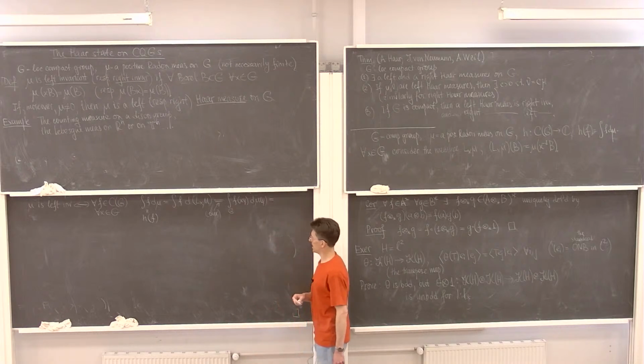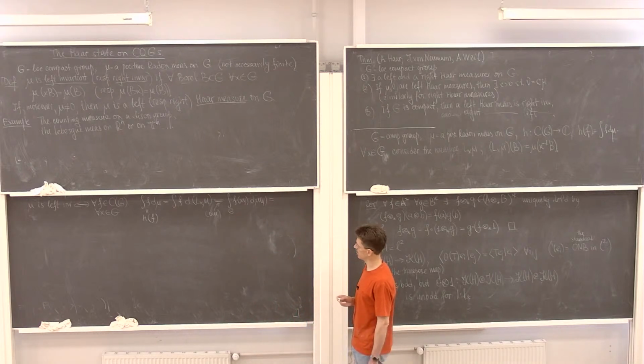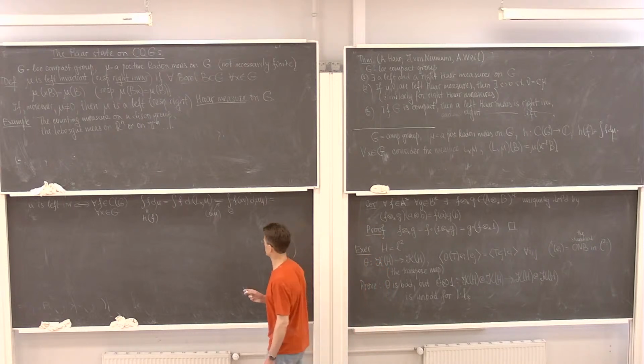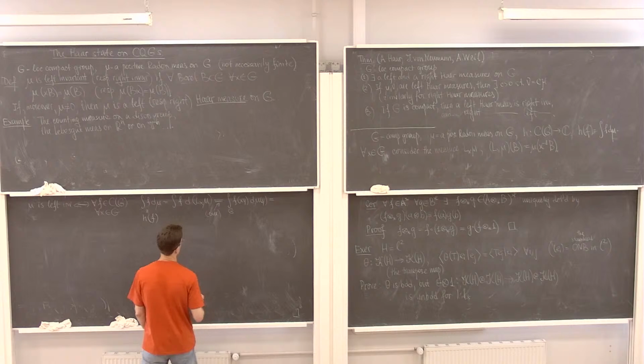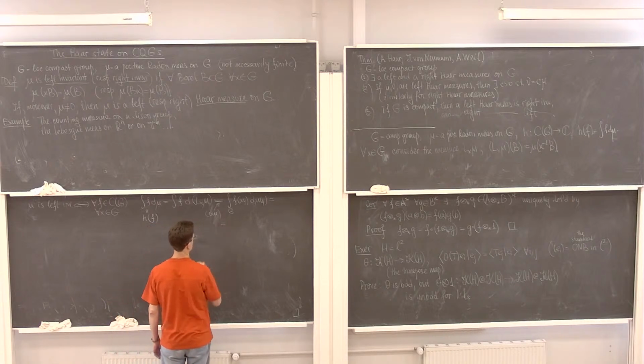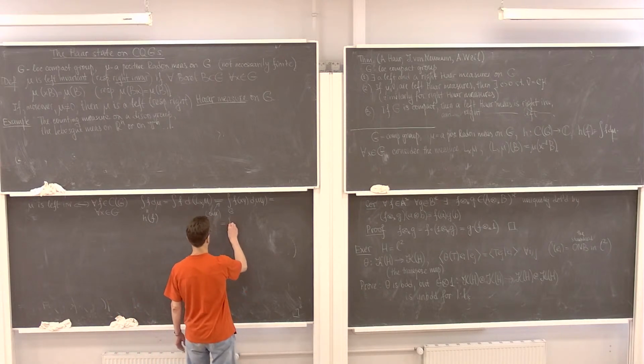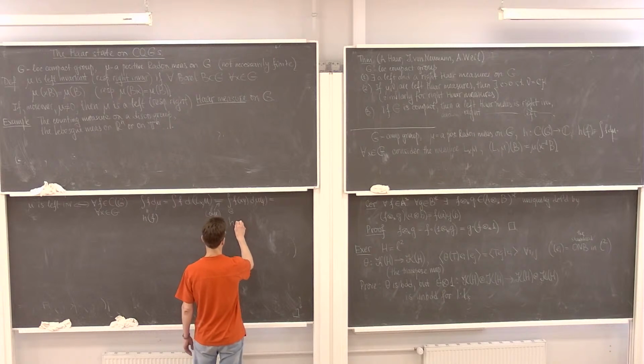And f of xy is just our comultiplication delta of f evaluated at x comma y. So this integral is nothing but h applied to delta f.